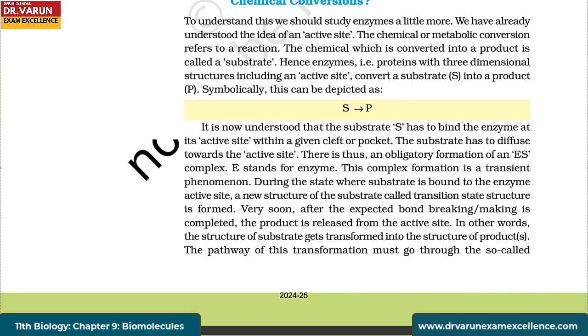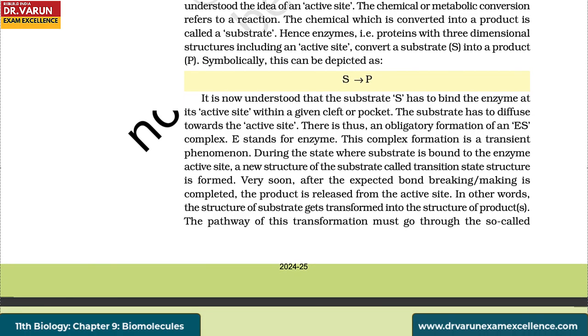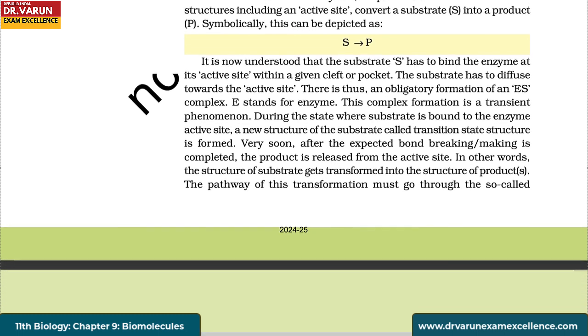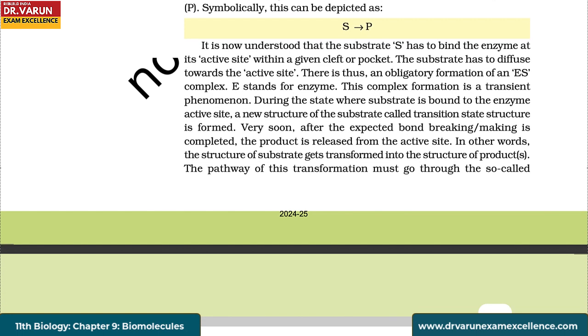During the state where substrate is bound to the enzyme active site, a new structure of the substrate called transition state structure is formed. Very soon, after the expected bond breaking or making is completed, the product is released from the active site. In other words, the structure of substrate gets transformed into the structure of product.